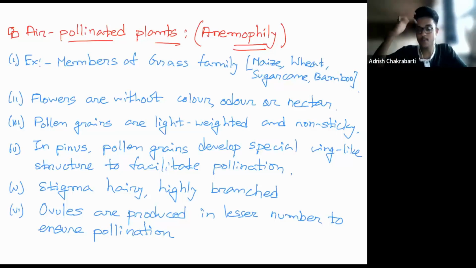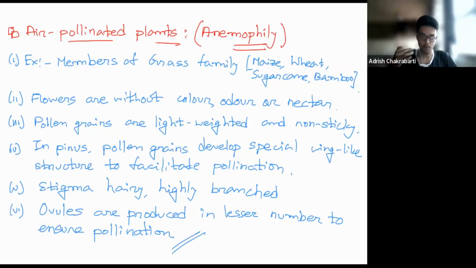It may drift away in some other direction. In case of wind or turbulence, it might destroy the whole set of pollen being carried. So air pollinated plants produce huge numbers of pollen grains, but lesser numbers of ovules, to ensure pollination. That's all we have for air pollinated plants, that is, anemophilous plants.